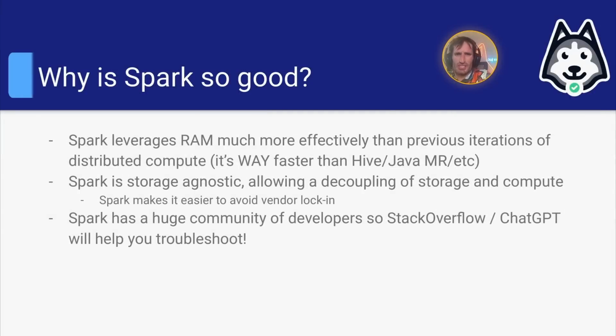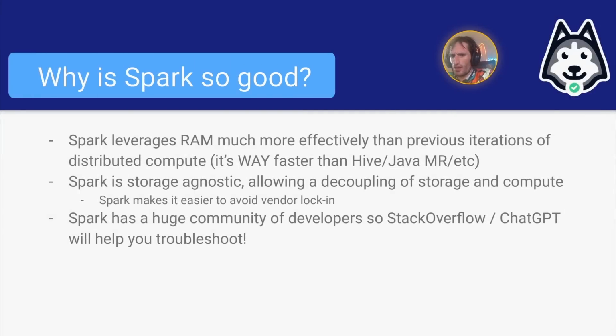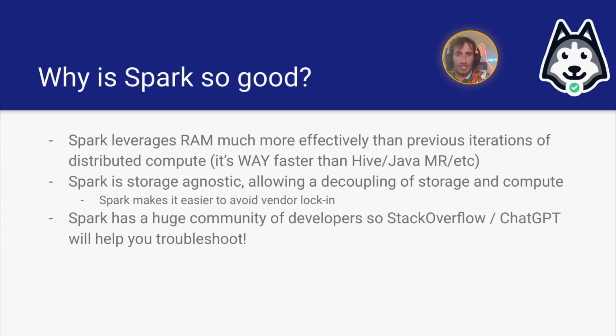So why is Spark so good? There's a couple things. Spark is really good because it leverages RAM more efficiently and more effectively than previous iterations. For example, if you wanted to do a group by computation in Hive or MapReduce, everything had to be written to disk and read from disk, and every single step had to be written and read from disk. And it made it very resilient.